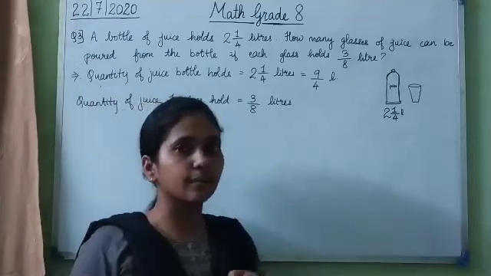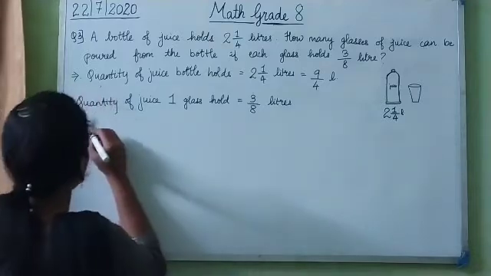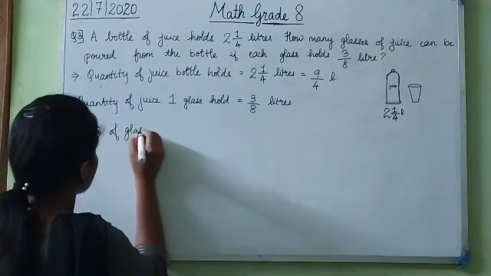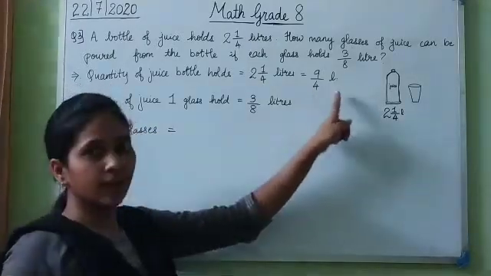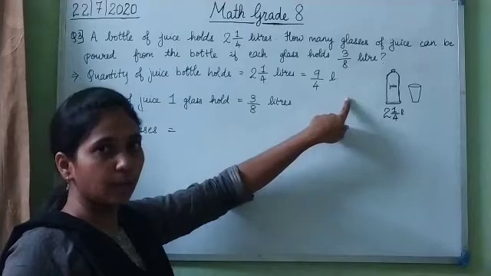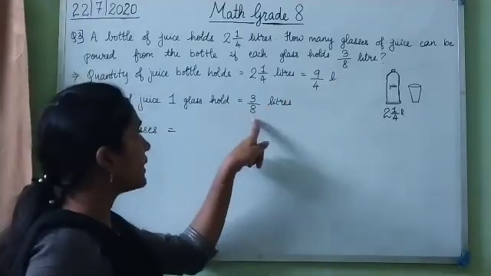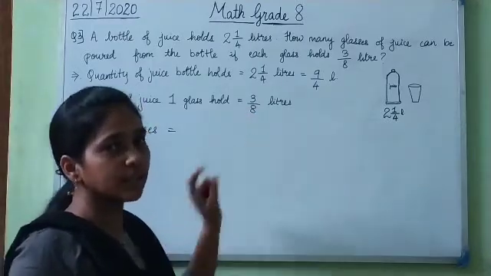So how many glasses can be filled? So I write the formula: number of glasses is equal to, if I divide the total quantity of juice by the quantity of juice which can be filled in one glass, I will get the number of glasses.